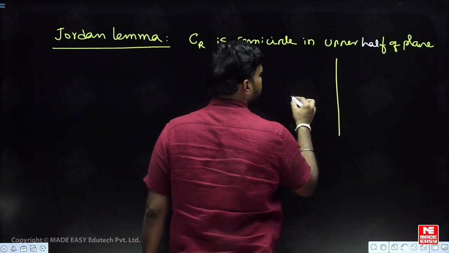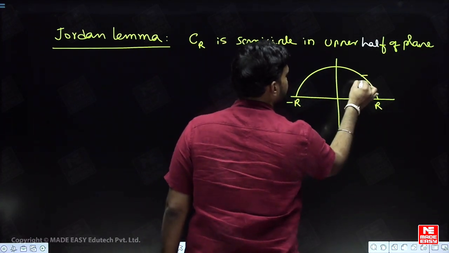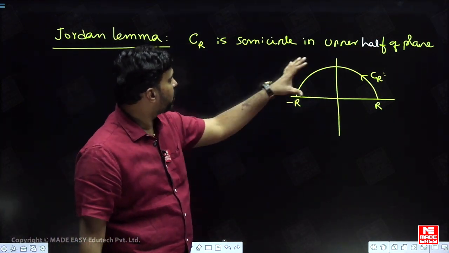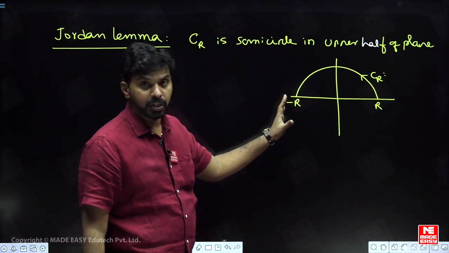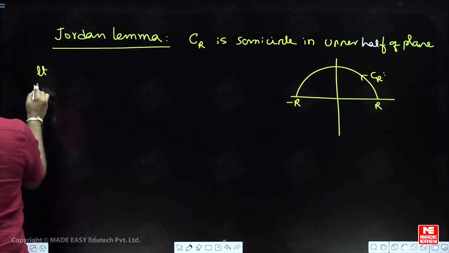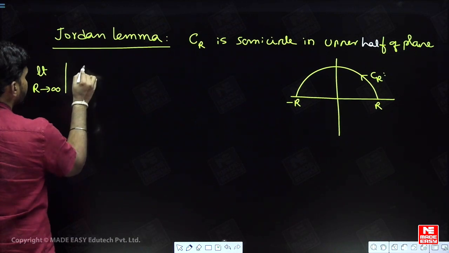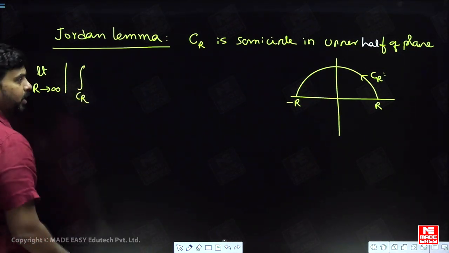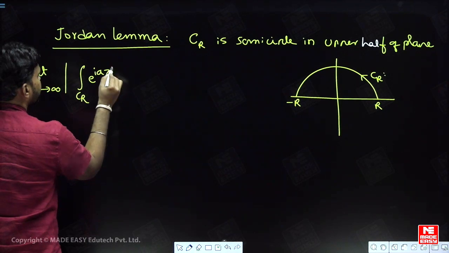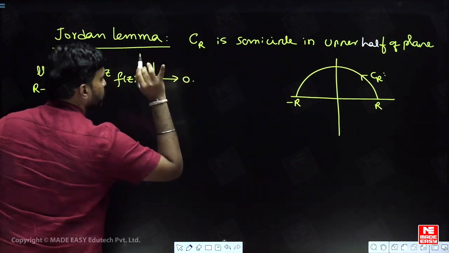You can take this as the integral from minus R to R, and this is the C_R we generally take. C_R is the semicircular arc of radius R in the upper half plane. In simple words, as R tends to infinity, the modulus of the integral along C_R, that is, the integral along the semicircle of the function e to the power iz into f of z dz, tends to 0.